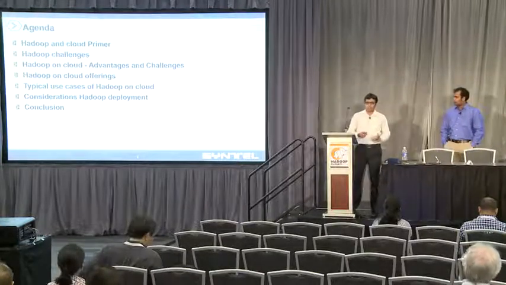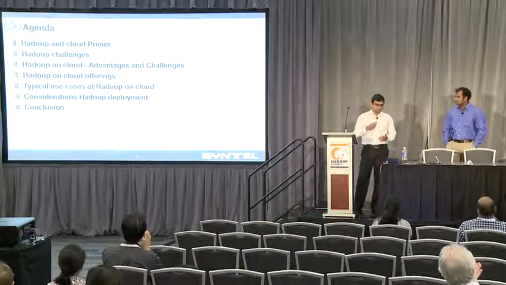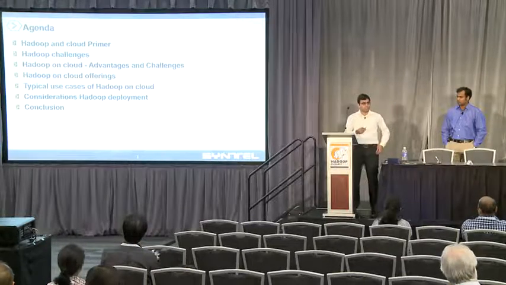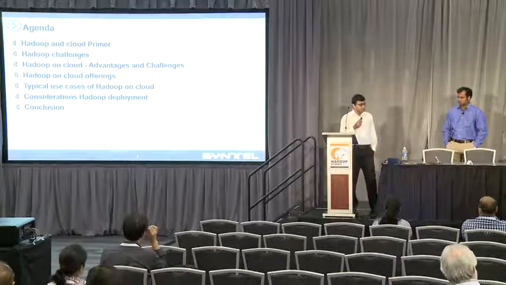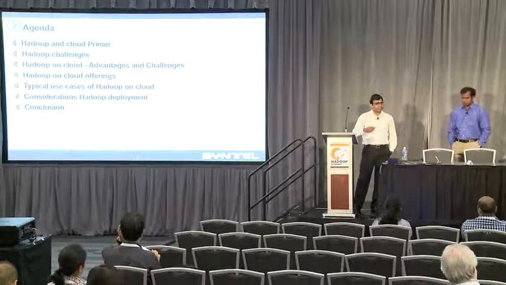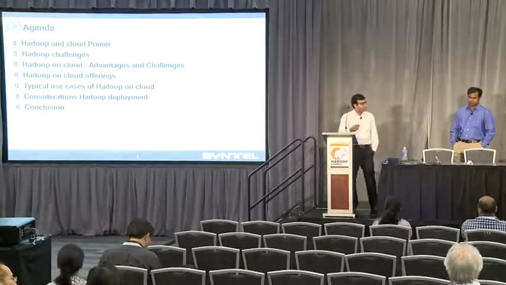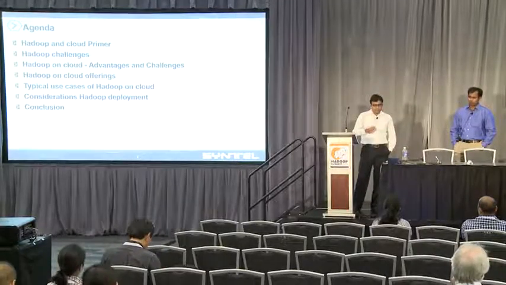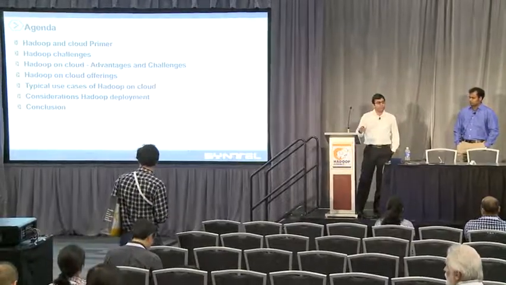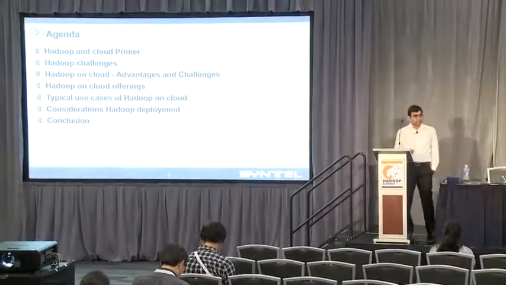Moving on to the agenda, we will start with the basics, or 101, of Hadoop and cloud, highlighting the most important features each provides. We'll look at the challenges of the Hadoop deployment or implementation lifecycle, then the advantages we get when we deploy Hadoop on cloud, and some of the challenges that may also occur.